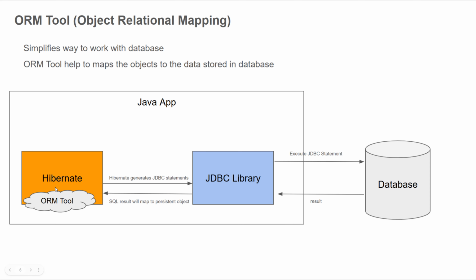So Hibernate is an ORM tool, and this tool has the core library named JDBC. For Hibernate to work with the database, it needs to generate the JDBC statement and send it to the JDBC library. Then the JDBC library will execute the JDBC statement on the database, then get the result, and this result will be mapped to the persistent object in Hibernate.